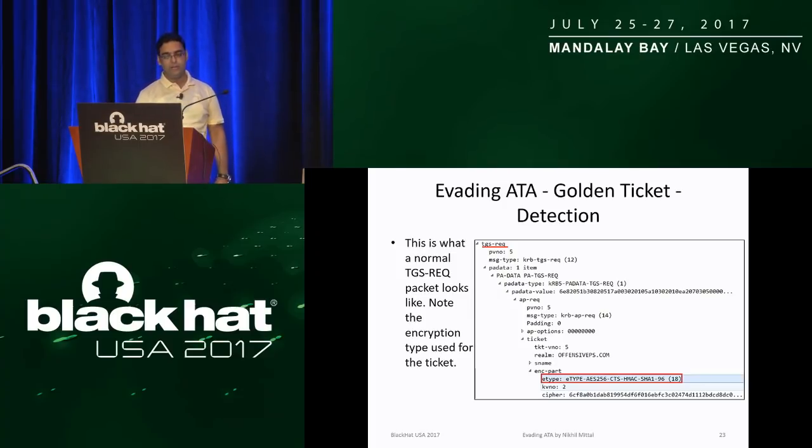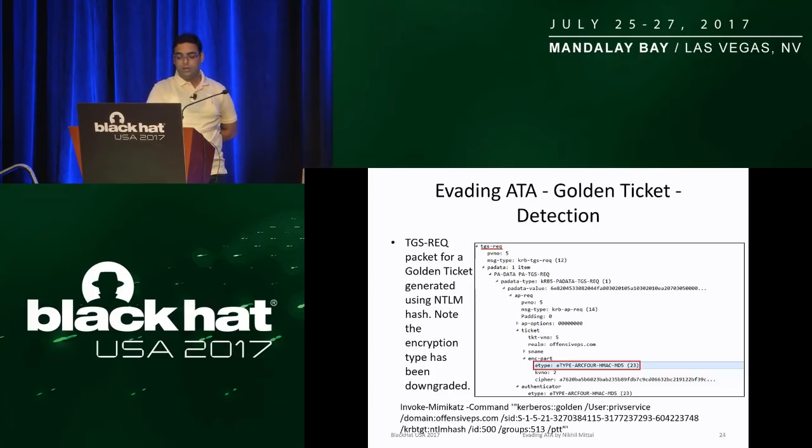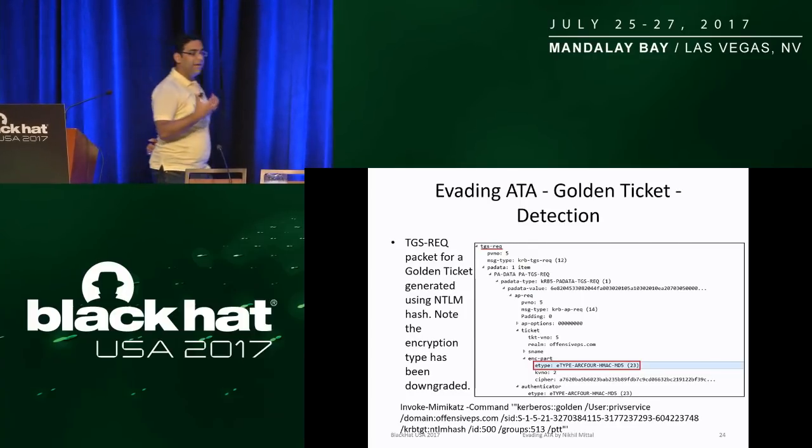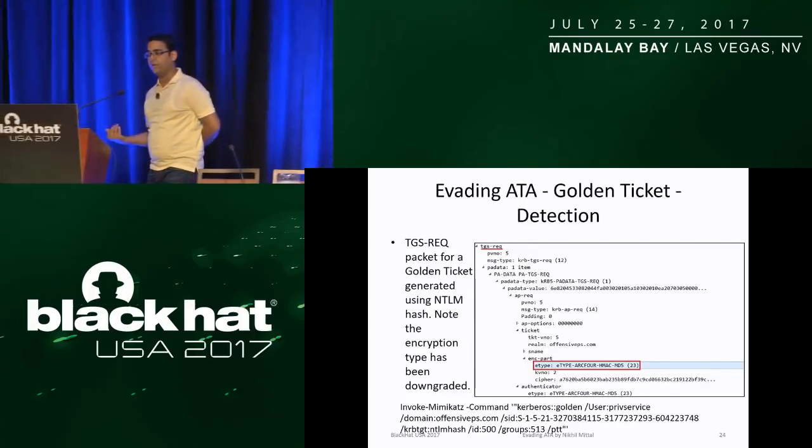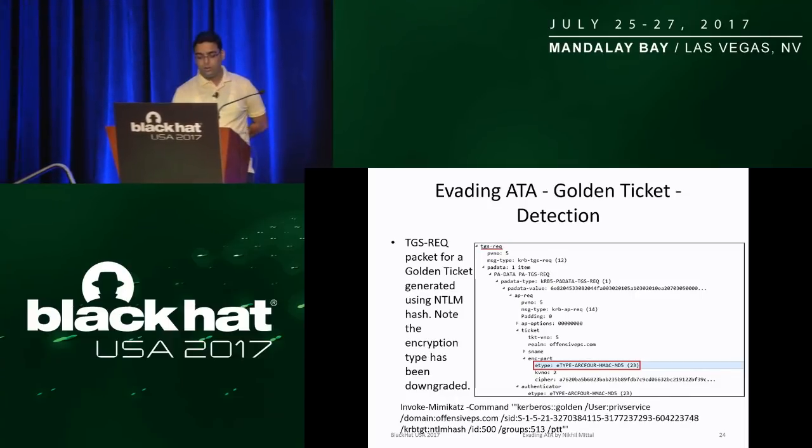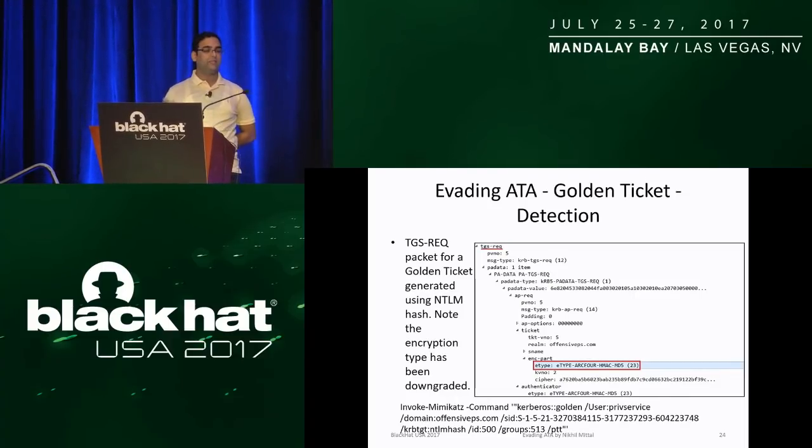In the same way we did for the overpass-the-hash attack, if we go here and see the EType in the TGS-REQ packet, it's AES 256 CTS HMAC SHA1. Now this is how it looks if you use the NTLM hash of the krbtgt account. Clearly a downgrade, and that is exactly what ATA is looking for.